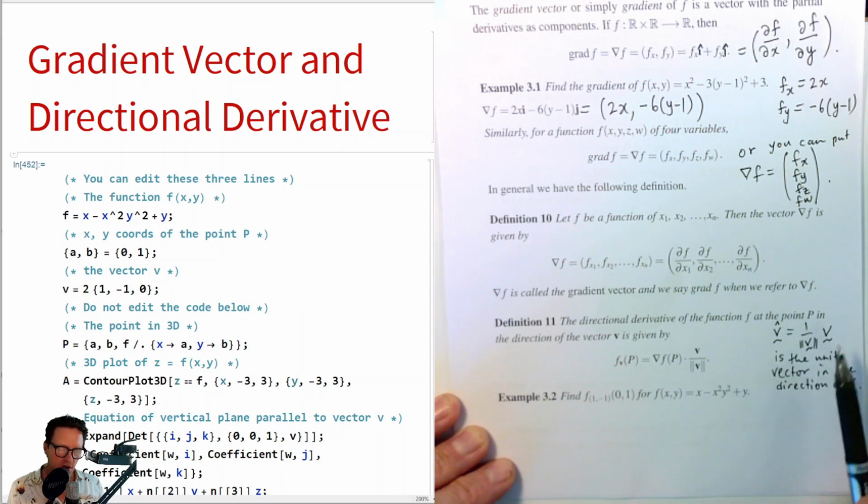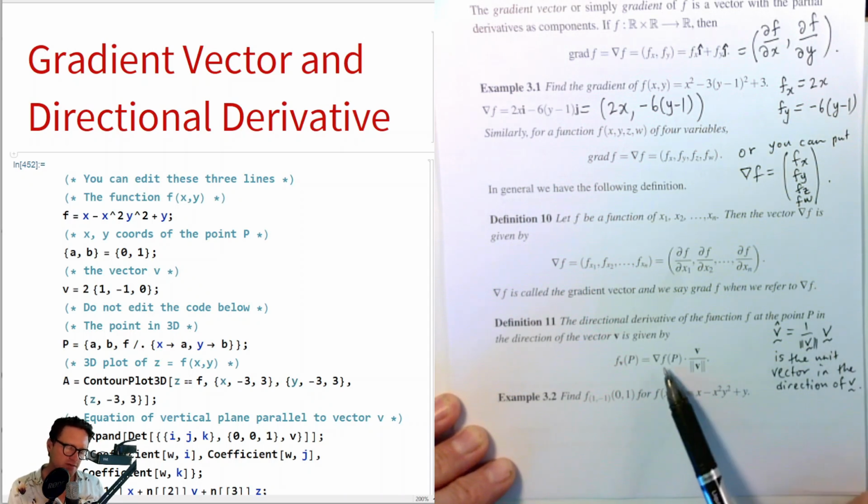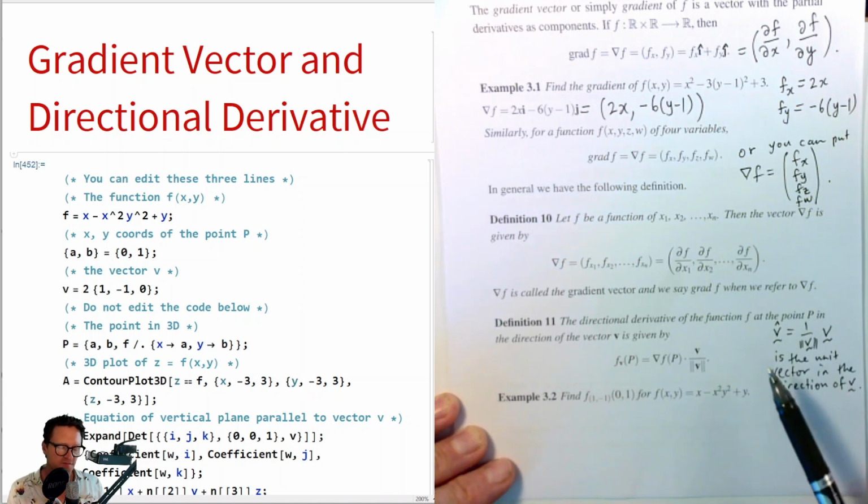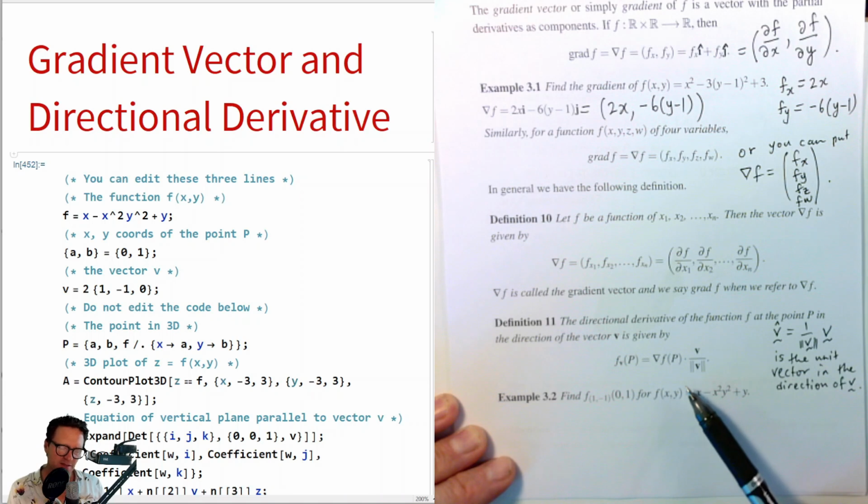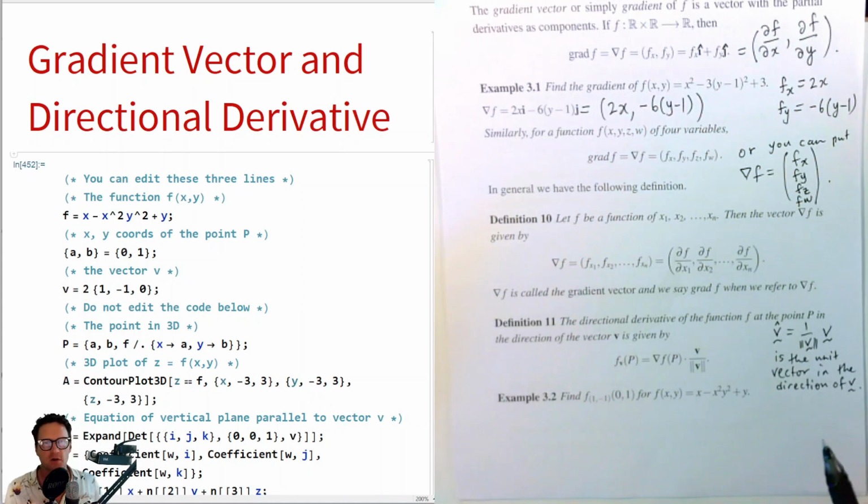So when you take the dot product of this vector with grad f at p, what you get is the slope of the function at p in the direction of that vector v. Now a point to note here is that v has one less dimension than the space you're in. So for example, if you have a function of x and y, well then you're viewing this in three-dimensional space.